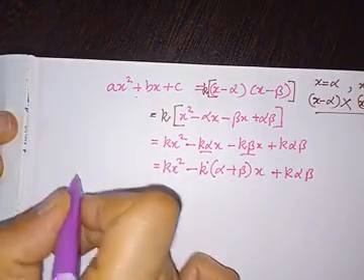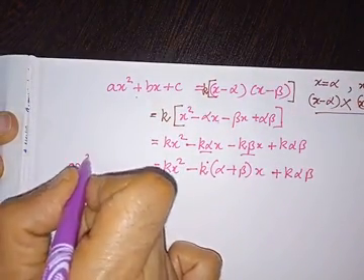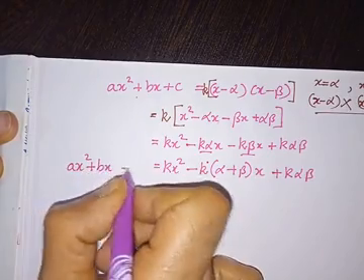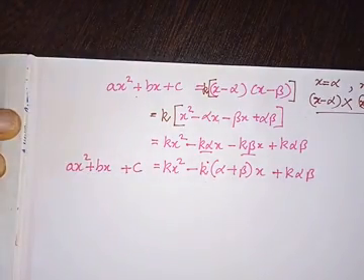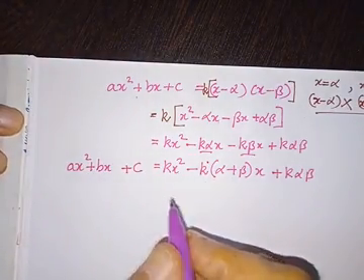Now our standard equation is ax square plus bx plus c. Now let us compare the coefficients here.